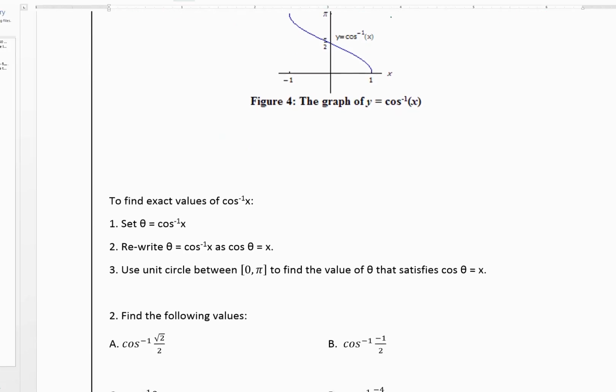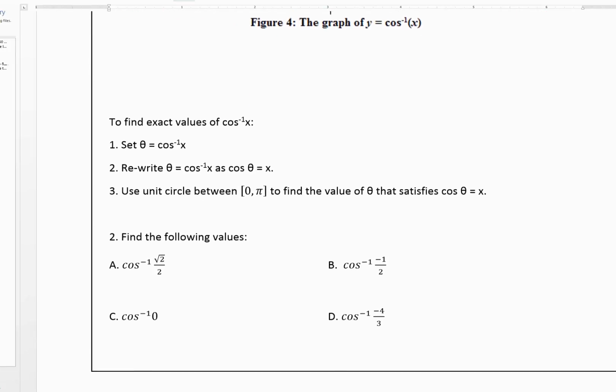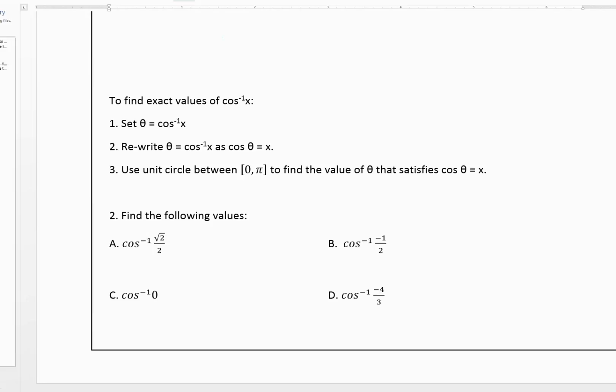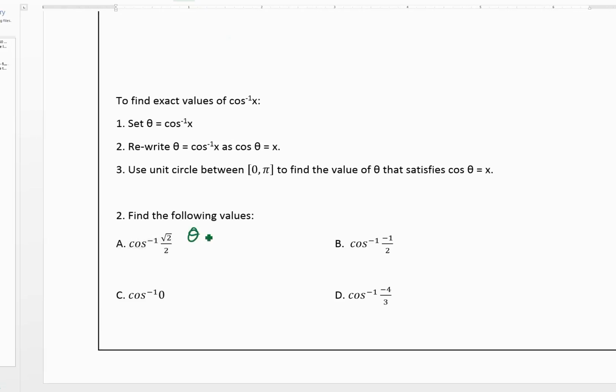So here's our way to find cosine inverse of values. Step 1 says set theta equal to cosine inverse of x. So if we're trying to find cosine inverse of square root of 2 over 2, we're going to say theta equals cosine inverse of square root of 2 over 2. Then it says rewrite theta equals cosine inverse of x as cosine of theta equals x.